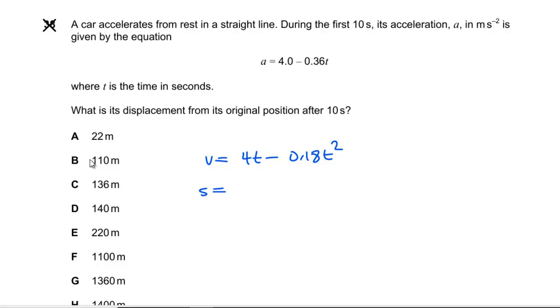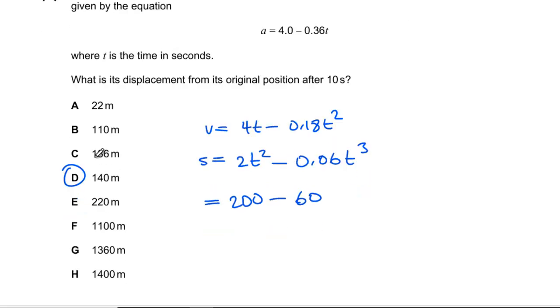So integrate again, and then we'll have 2t squared minus, I'm going to have to divide this one by 3, 0.06 times t cubed. Again, we've got s is 0 at t is 0, and then we're putting 10 in. So we'll have 200 minus 1,000 times 0.06, so minus 60. D is 140 meters.